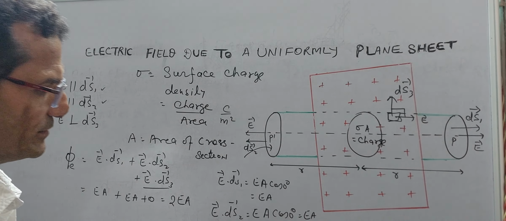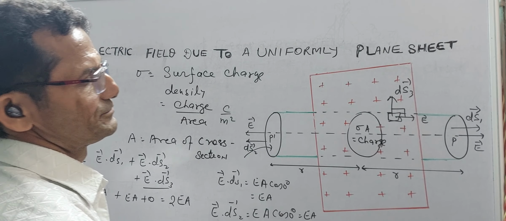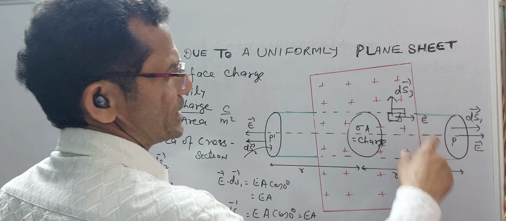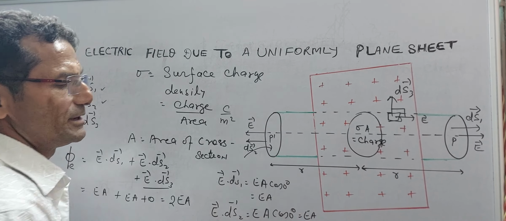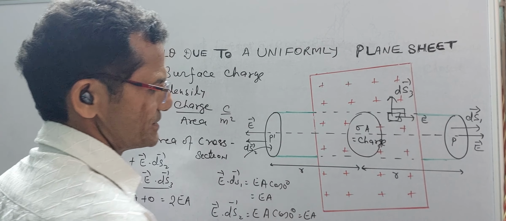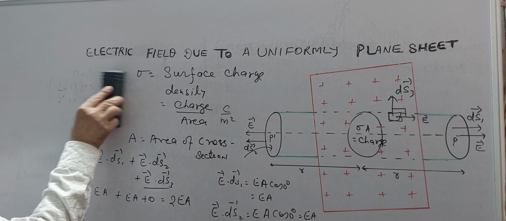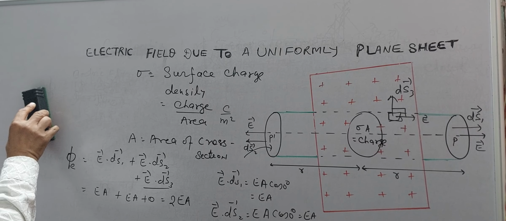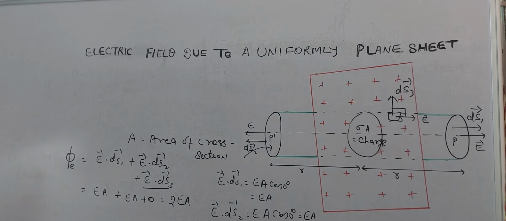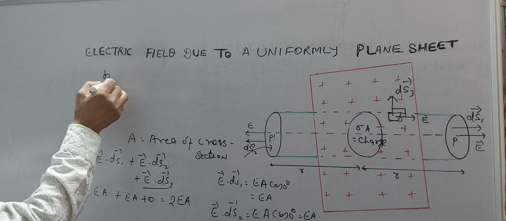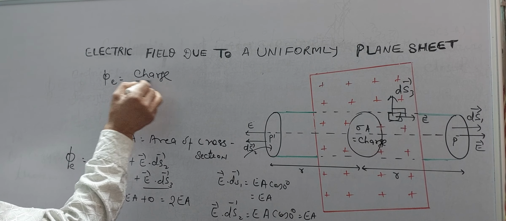Phi is equal to 2EA. This is equation number 1. Now according to Gauss's theorem, the total flux passing through a closed surface, this is our closed Gaussian surface, will be the total charge enclosed by this Gaussian surface divided by epsilon naught. So phi is equal to charge upon epsilon naught.